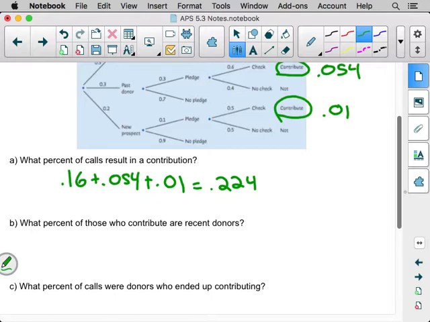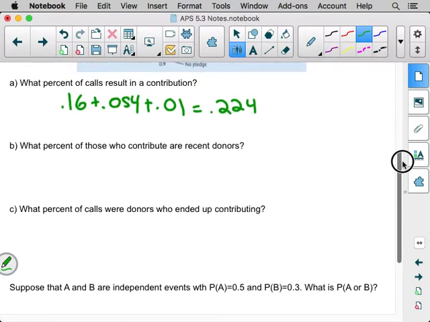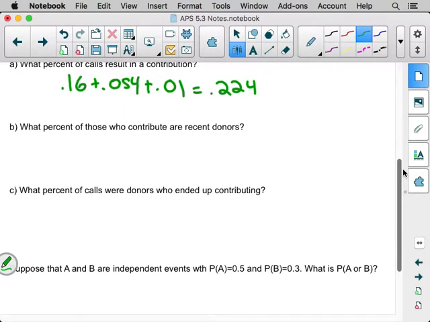All right. So what percent of those who contribute are recent donors? Here we actually know something about the person that we're talking about.